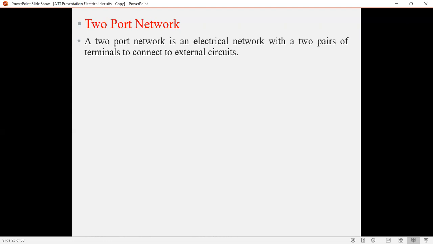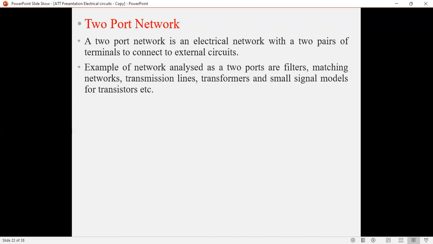If the external circuit is an output side circuit, then it is called the output port. Examples of networks analyzed as two-ports are filters, matching networks, transmission lines, transformers, and the small signal model for a transistor.